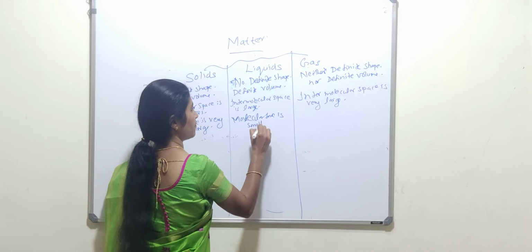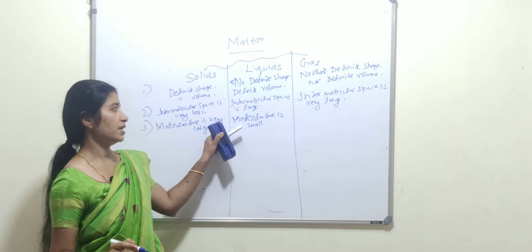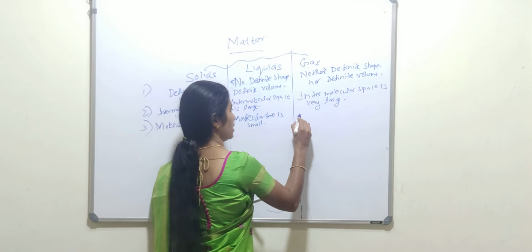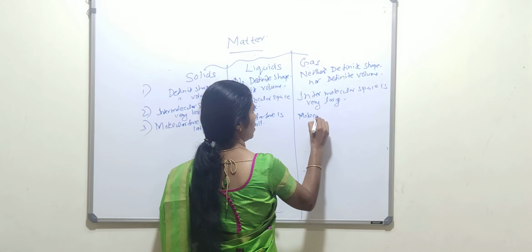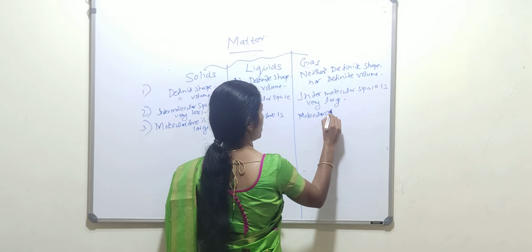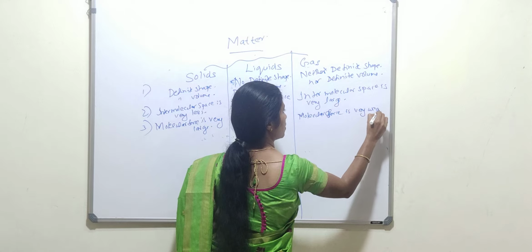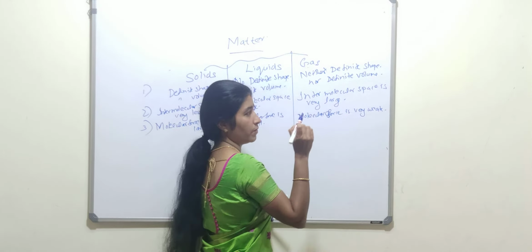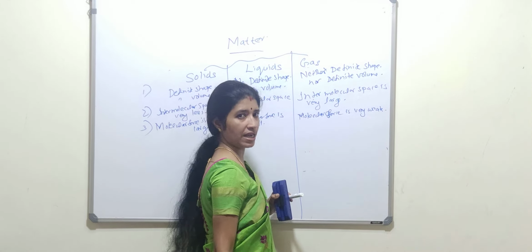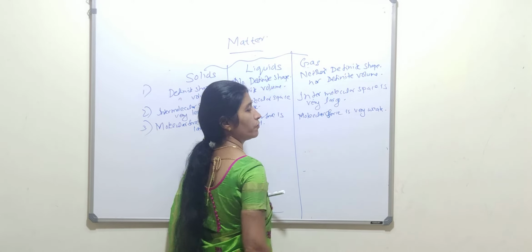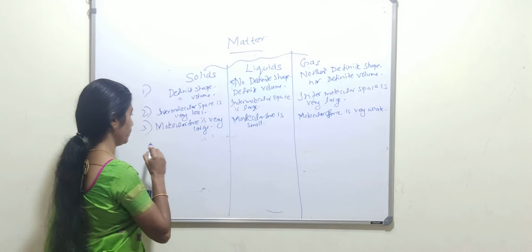Since the space available to them is large, the intermolecular force is small. Compared to liquids, in the gaseous form this intermolecular force is very weak. Why is it weak? Because the space is very large. So the intermolecular force becomes very weak.